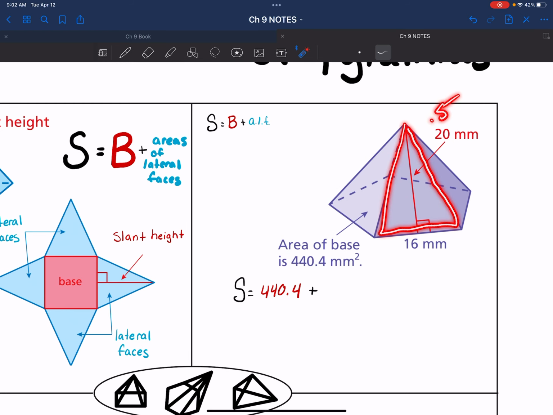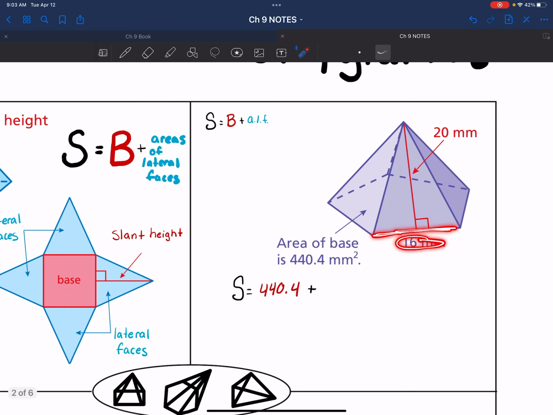Now remember, the area of a triangle is the base times the height divided by 2. I know the base is 16. The height is 20. All I need to do is take 16 times 20, and then divide that by 2.